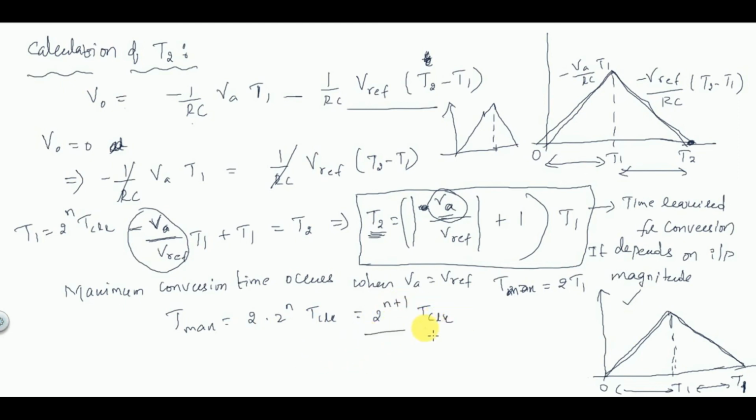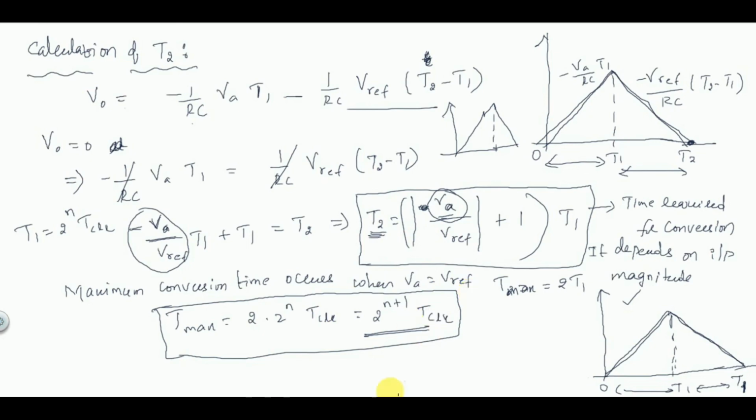So this is the maximum conversion time in the case of dual slope ADC. Very important formula. This is how, based on the charging and discharging of the capacitor, you have the value of T2, and based on this value of T2 you have the conversion time like this.